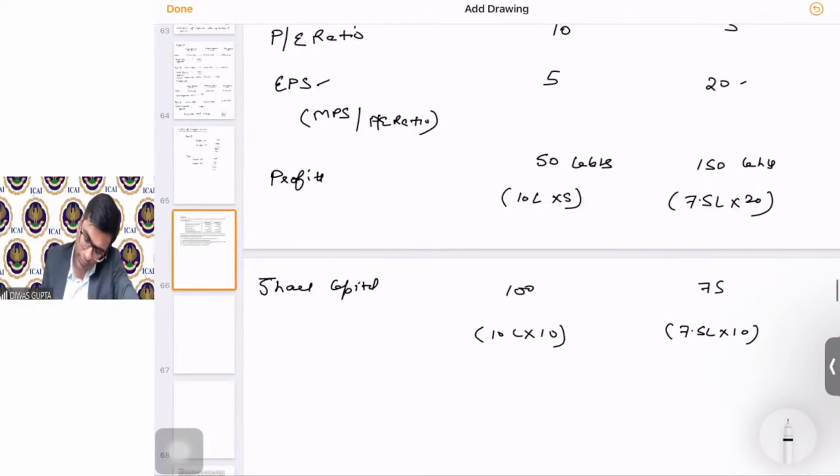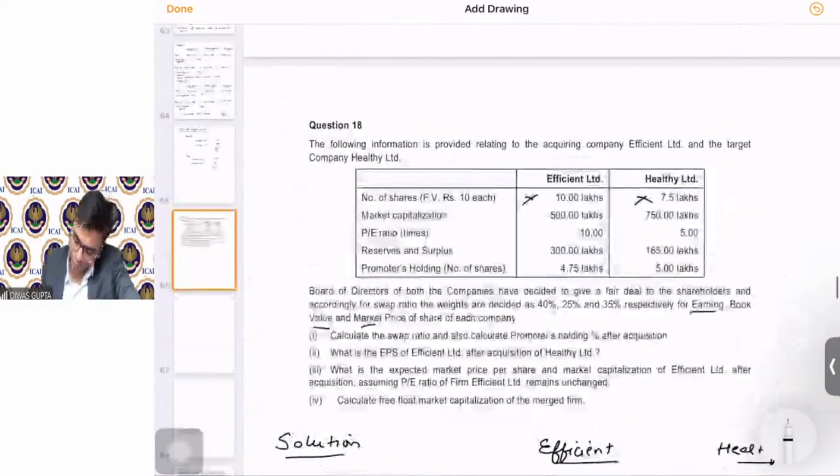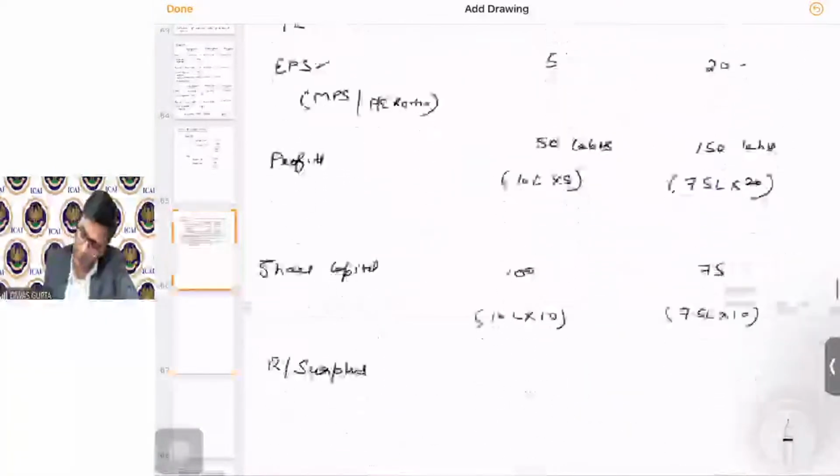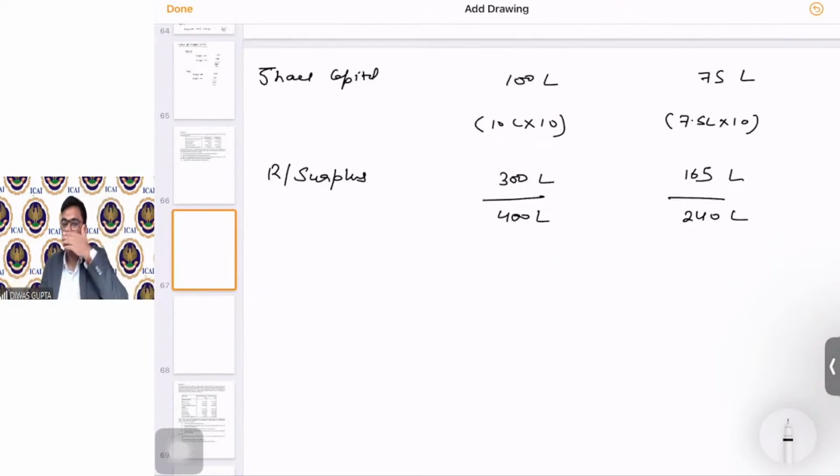Then reserves and surplus is 300 and 165. So this becomes 400 and this becomes 240. Again, all this is in lakhs. So 400 and 240 lakhs.